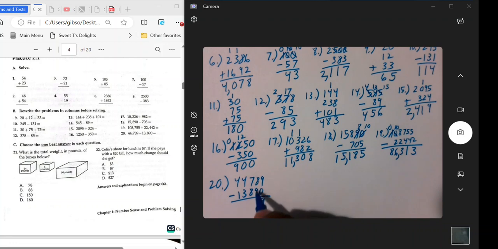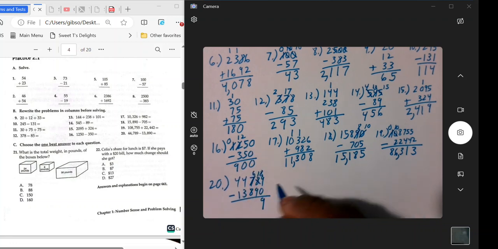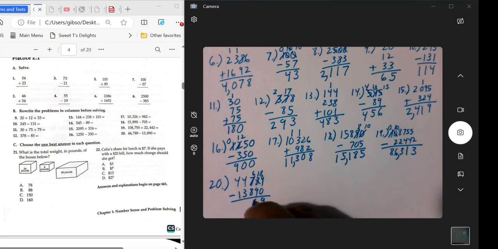We cannot subtract 9 from 8, so this 7 becomes a 6. 8 becomes 18. 18 minus 9 is 9. We cannot subtract 8 from 6, so we borrow 1 from this 4 to make it 3, and this 6 will become 16. 16 minus 8 is 8. 3 minus 3 is 0, and 4 minus 1 is 3. So it'd be 30,899.